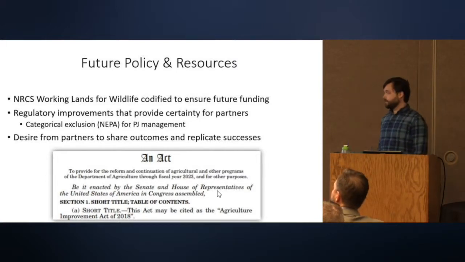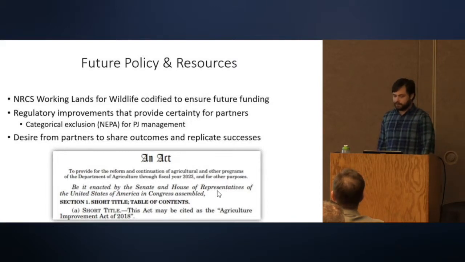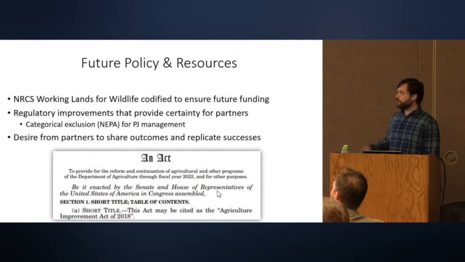So this will ensure some future funding to keep some of these projects going. It also provides a little bit of certainty for some of our partners in terms of getting some of this conifer removal going a little bit quicker in some of those states that aren't early adopters, through a categorical NEPA exclusion for pinyon juniper management.